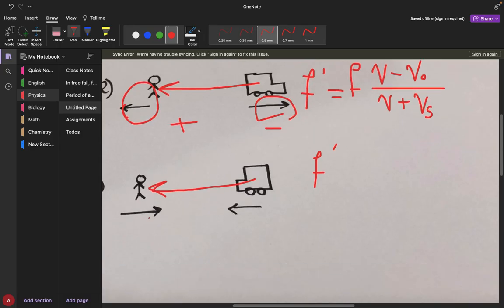This is not in the direction of the red line, but this is. Okay? All right. This is in the direction of the red line, so this gives us a positive with the negative from that, so that's a negative. This gives us a negative, negative, and negative.